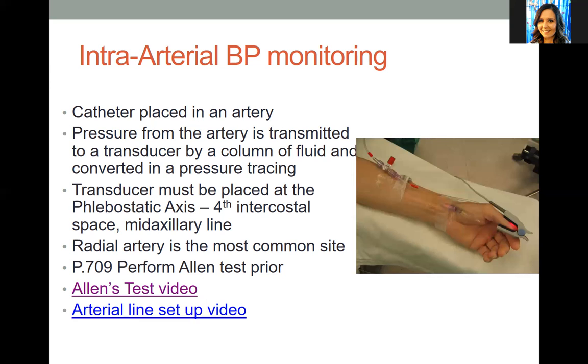With that transducer, if it's held above the heart level, you're going to get a falsely lower reading. Just the opposite, if that transducer is held lower than the heart level, you might get a falsely elevated reading. So that's why we need to zero it and place it at that phlebostatic axis. Another thing we need to do is watch our waveform for accuracy.